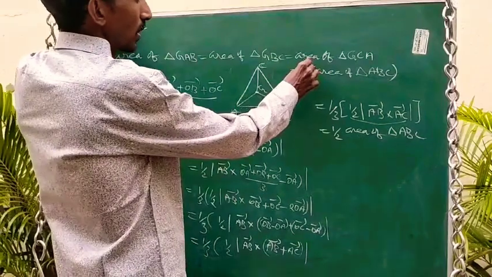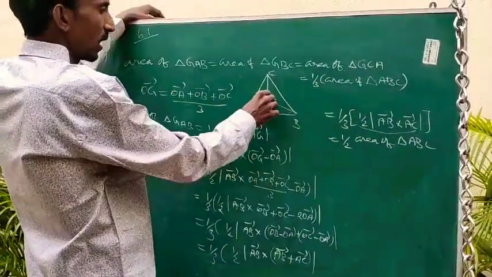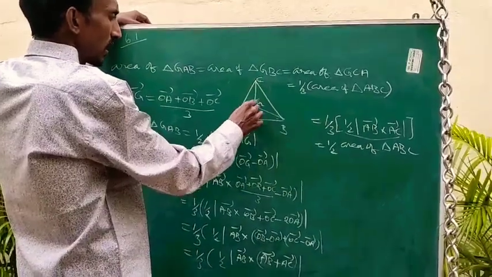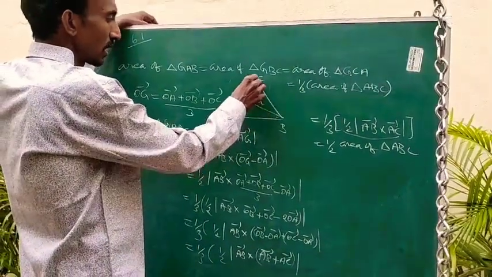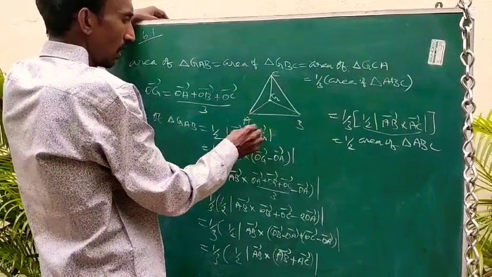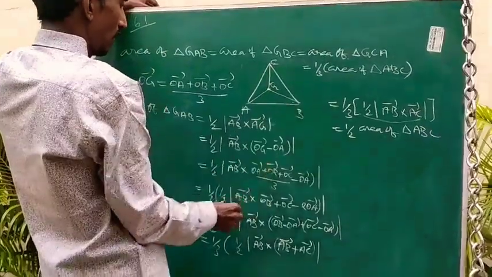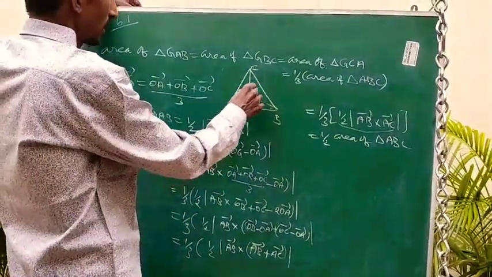For the third one, the area of the triangle GCA, you can take it as CA cross GC. For GAB, we can take it as AB cross AG.